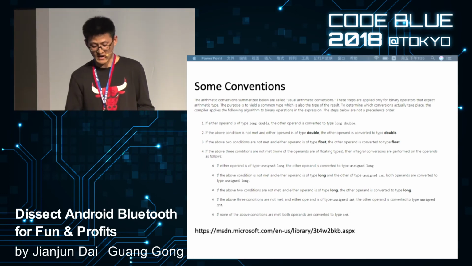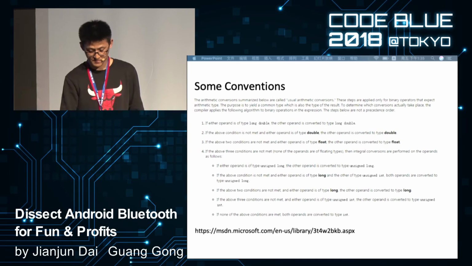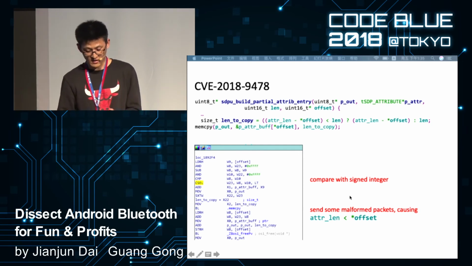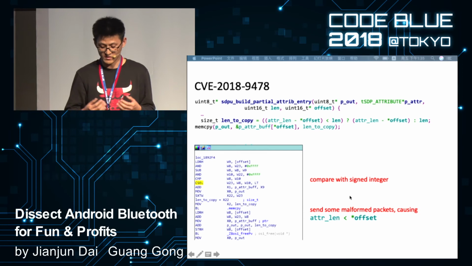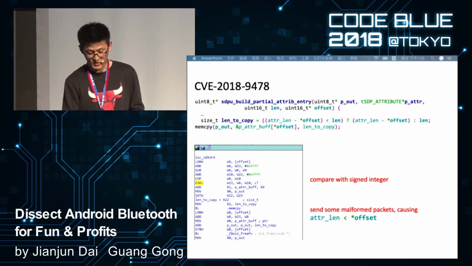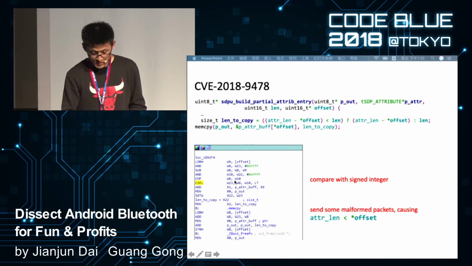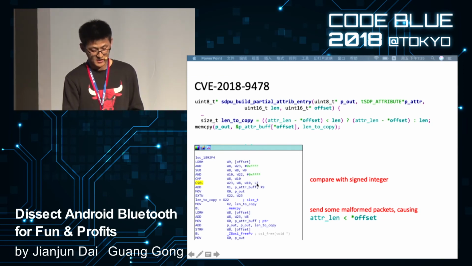Okay, let's go back to the bug code. ATTR len and OVZ are int16, so they are all converted to int when subtracting. From IDA, we can also see that it compares with signed integers using the JLE instruction.